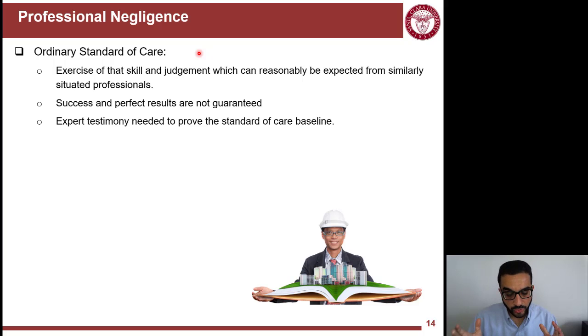And also, no one is expecting perfect results. So that's kind of a balance here. No one is expecting 100% accuracy in your calcs, but at least you show a standard of care, acting on the basis of the information available to you.